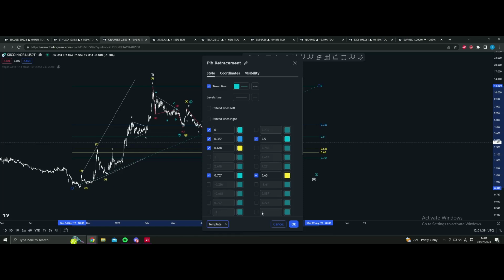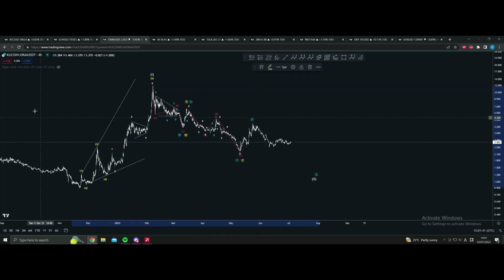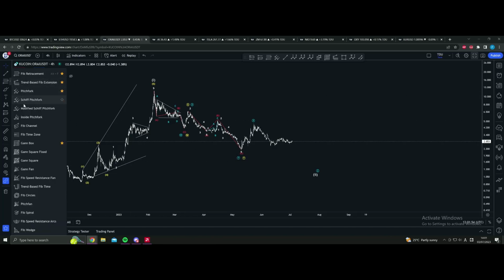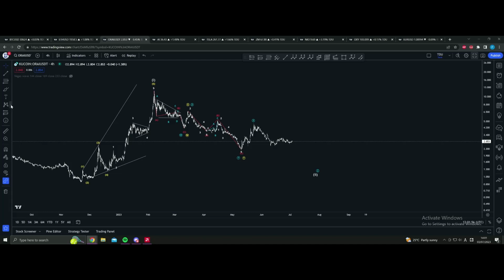Let's go full fib. Okay, doesn't want to cooperate today. So anyway, the guideline says 0.78 is the retracement level when it comes to the wave 2 after the leading diags, which is this area here. Damn it, it doesn't want to cooperate.